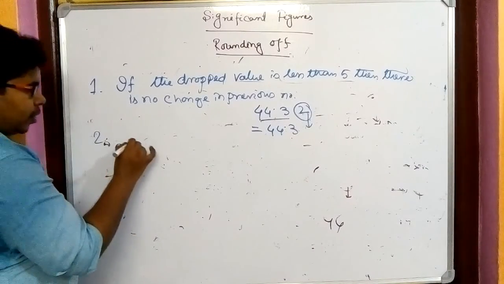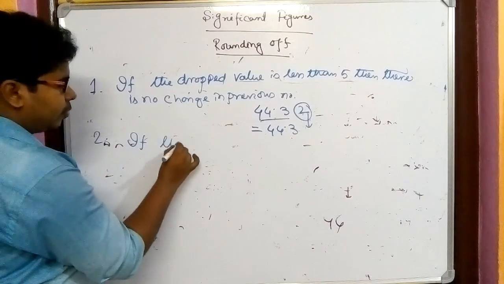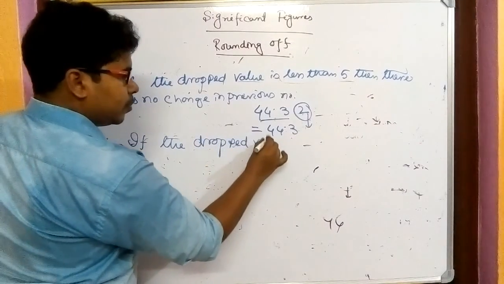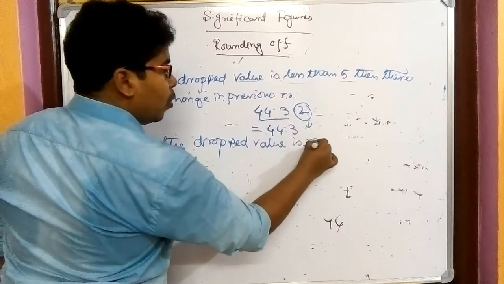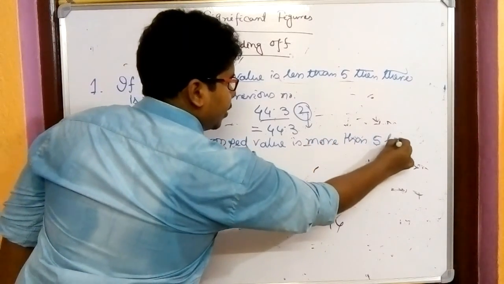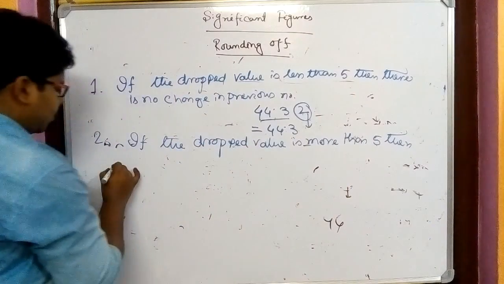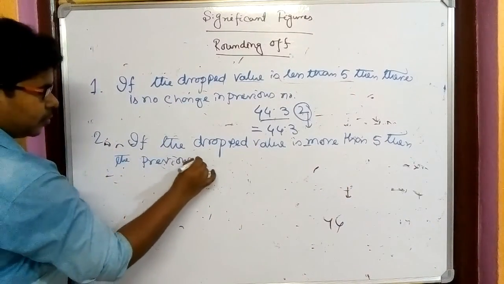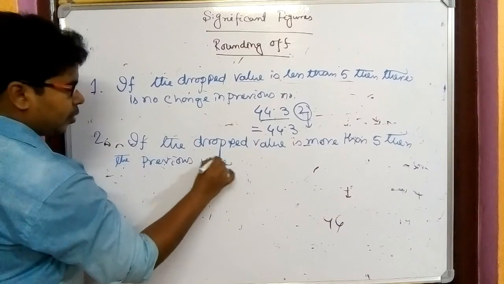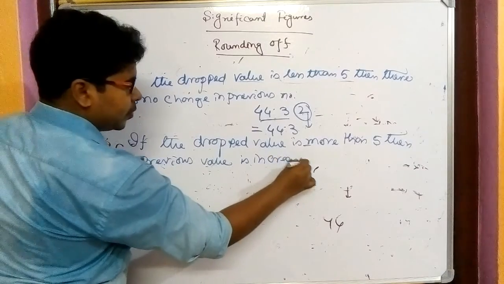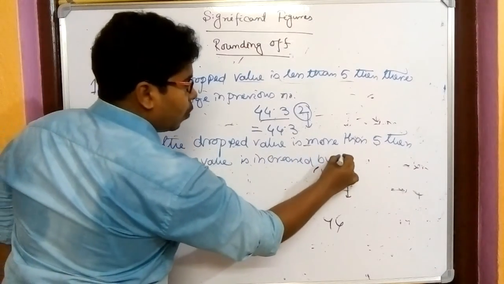Number 2: if the dropped value is more than 5, then the previous value is increased by 1.